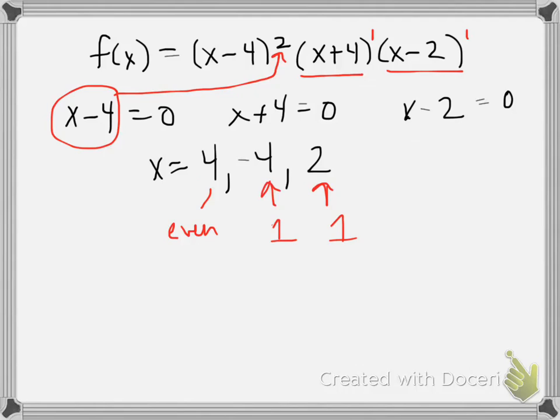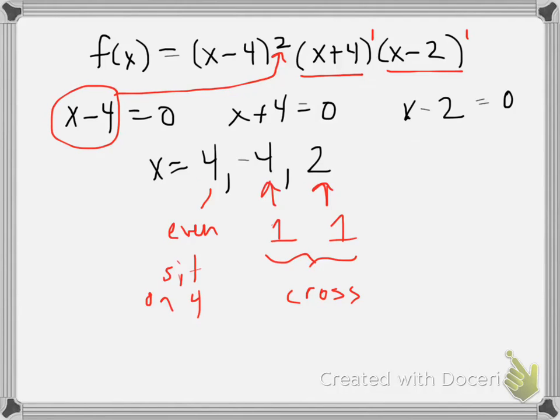And going back to the notes, we see what the multiplicity does when it's 1 compared to even. And for even, we sit on, and actually let me take that back, we sit on 4. Okay, it's kind of a U, and it can either be a smile or a frown on the x-axis at 4. And for single multiplicity, we're just simply going to cross.